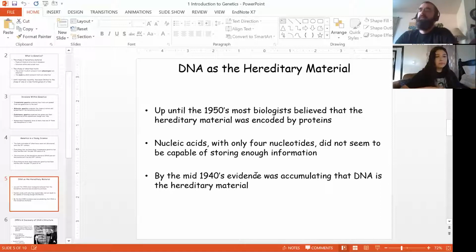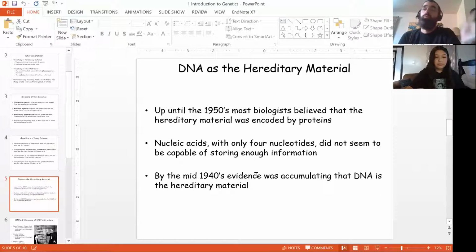So it may seem a little crazy, but until the 50s, there was a huge debate about what the hereditary material was, right? Because clearly we knew that traits were inherited, right? That had been laid out by Mendel in the 1850s, and rediscovered in the early 1900s.